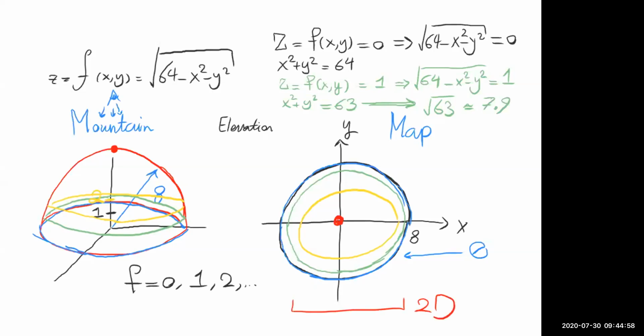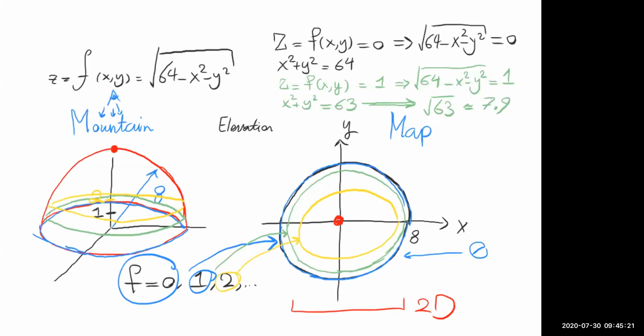And if I take f to be 0, what I would get is a curve. A curve is one-dimensional, right? If I take f to be 1, I would get another curve, and if I take f to be 2, another one-dimensional object.